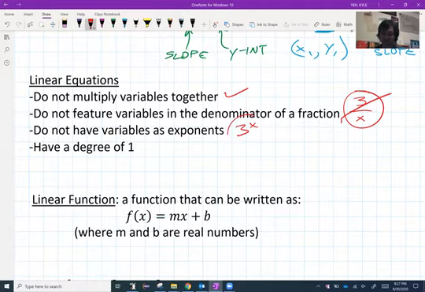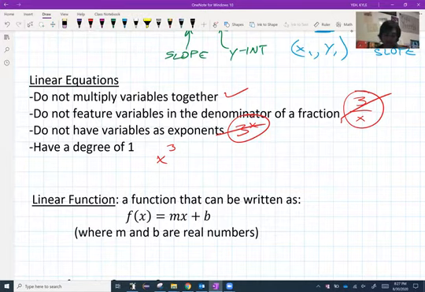And then they have a degree of 1. What does that mean? Having a degree of 1 means we don't see any x squareds, which have a degree of 2, or any x cubeds, which would have a degree of 3. So degree kind of means the power that the variables are raised to. There's a little more to that definition of degree, and we'll talk about that later this year.